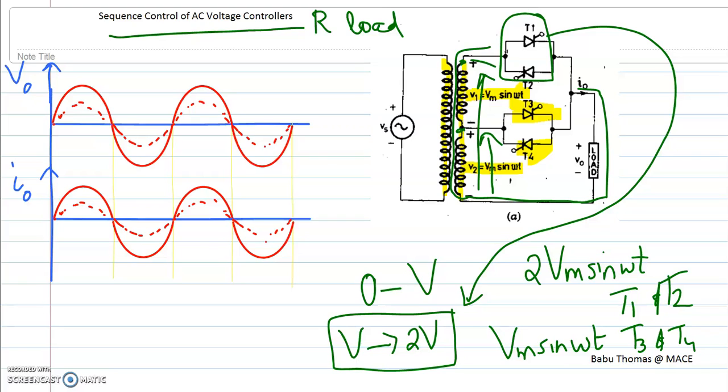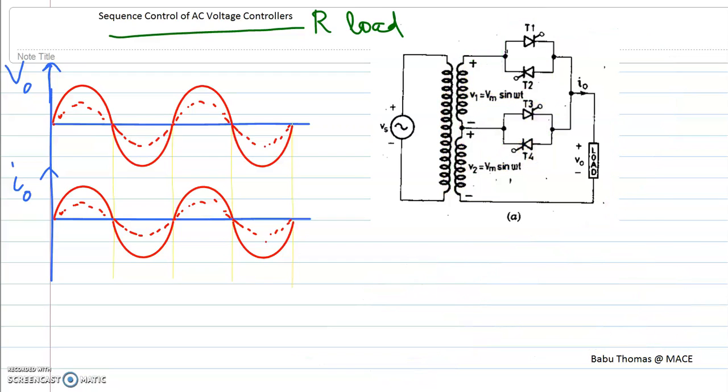So for controlling the output voltage from V to 2V, you will keep the firing angle alpha for T3 and T4 equal to 0, and the firing angle for T1 and T2 is controlled from 0 to 180 degrees in order to get a voltage variation from V to 2V.